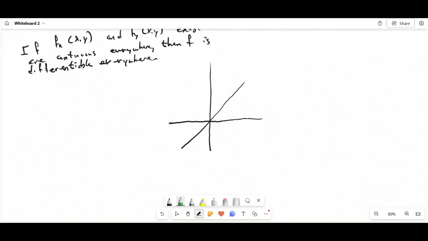Let's imagine that the derivative in the x direction of a function is 0 and the derivative in the y direction is 0. Then you would guess that the tangent plane has to be flat.